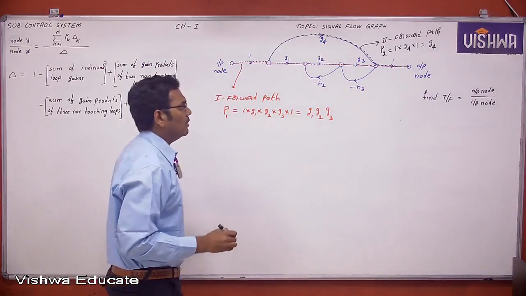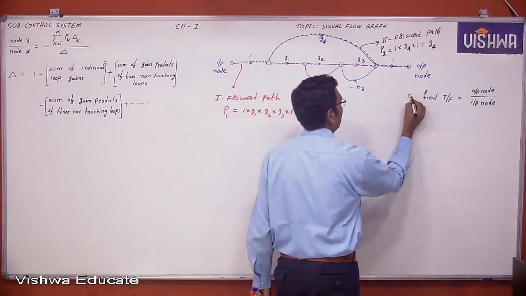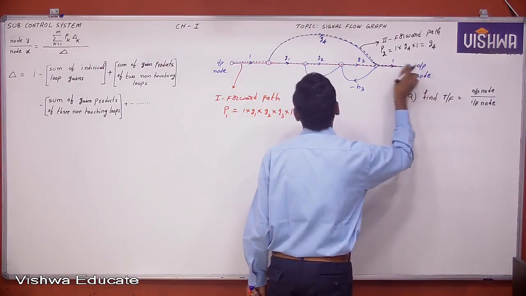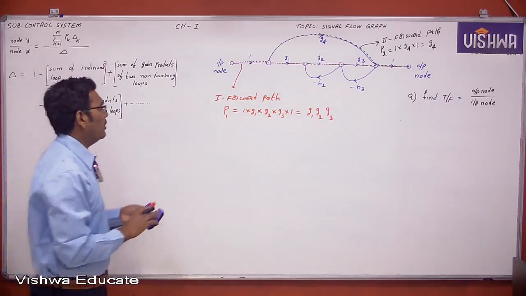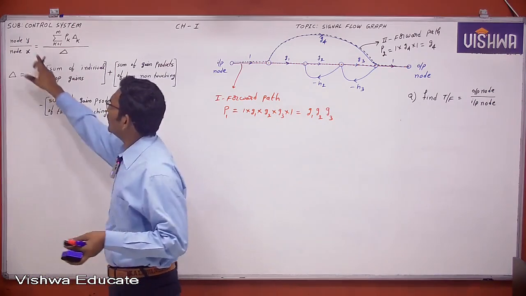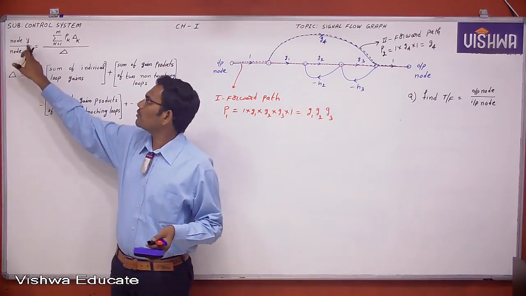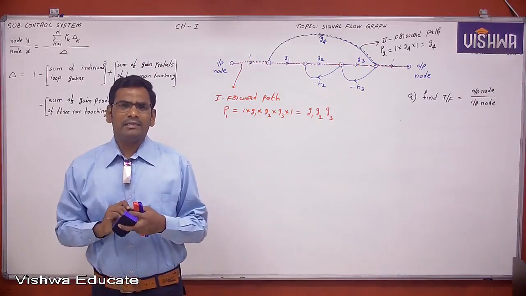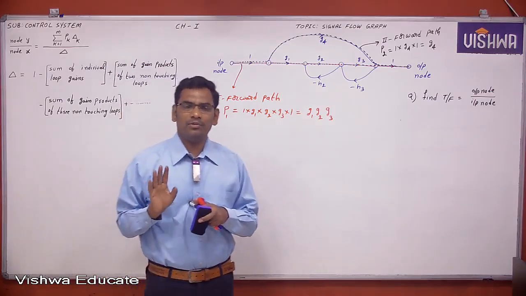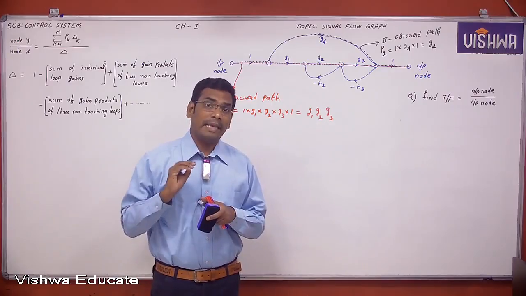Find the transfer function, output node to input node ratio. But we have one unique formula, Mason's gain formula, for any node to any node ratio. Say this is the output node and this is the input node. I'll explain a few steps; you strictly follow those steps for any signal flow graph.